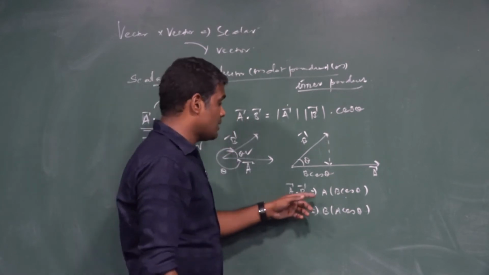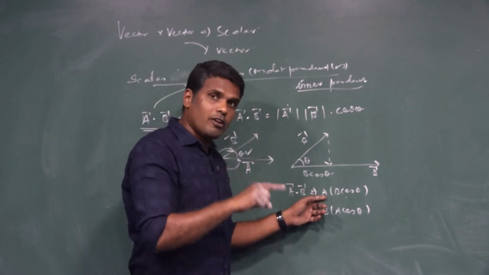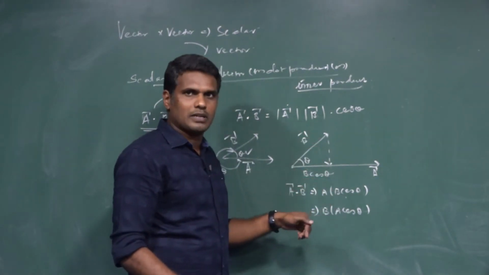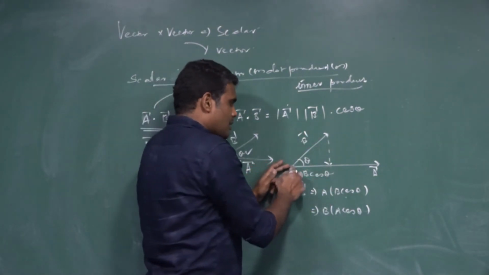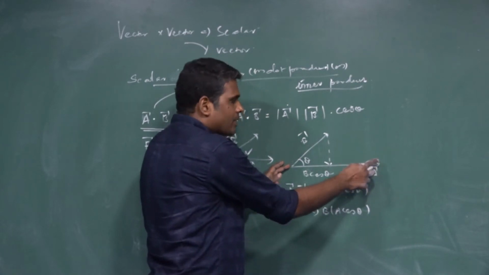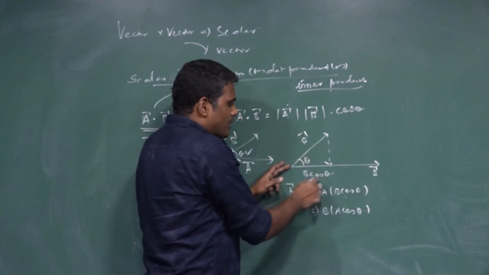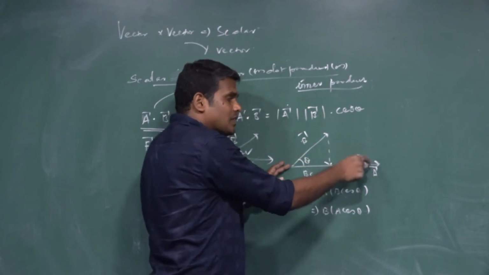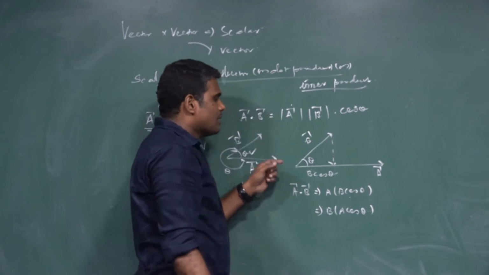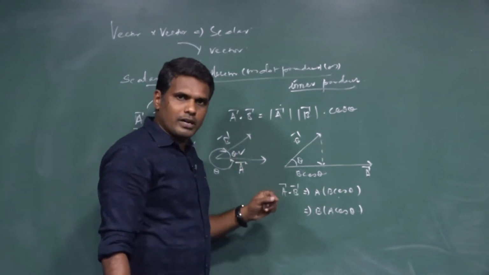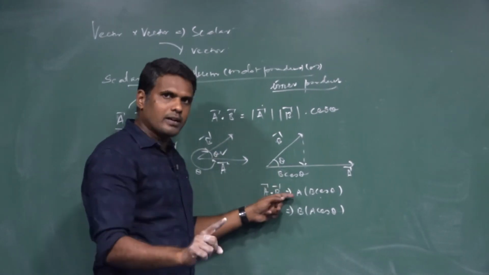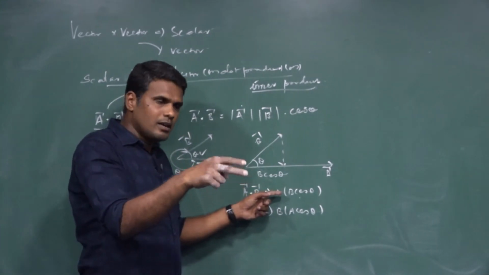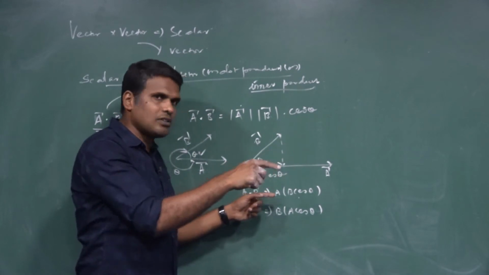How will you define this? It is the product of the magnitude of one vector and the component of the other vector along the direction of the first vector. See this one? It is the product of vector A with the component B cos theta, which is acting along the direction of the first vector. So the dot product of two vectors is equal to the product of one vector and the component of the second vector acting along the direction of the first vector.